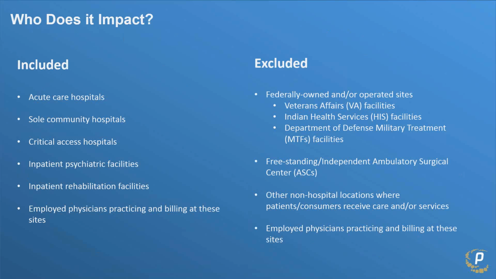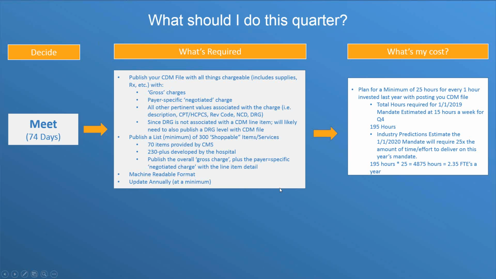So I think the first piece to just level set on is, who does it impact? Well, the current rules list out very clearly who will be included and who will be excluded. So when you really decide if your organization is going to move forward, CMS has really outlined 2 specific files that are going to be required.